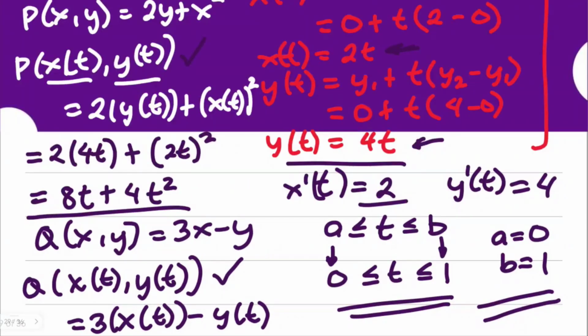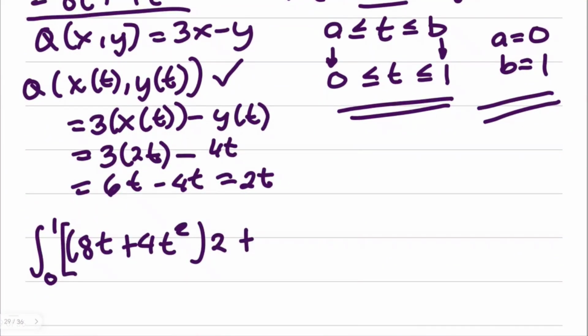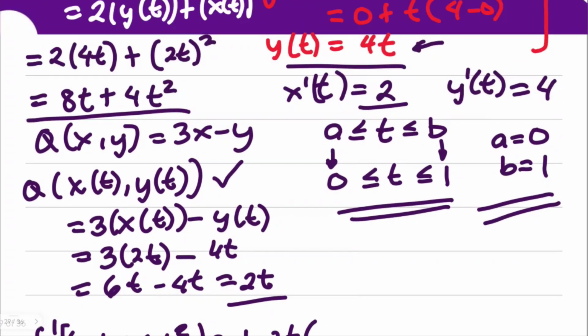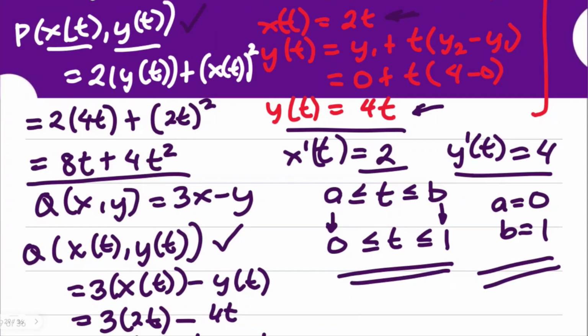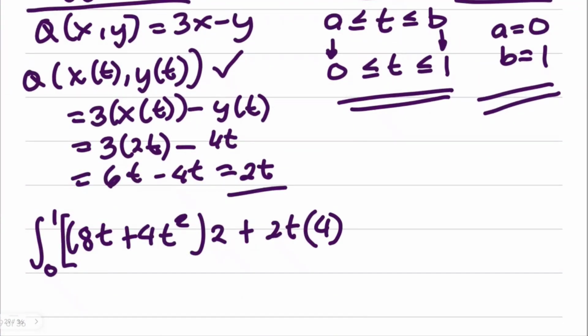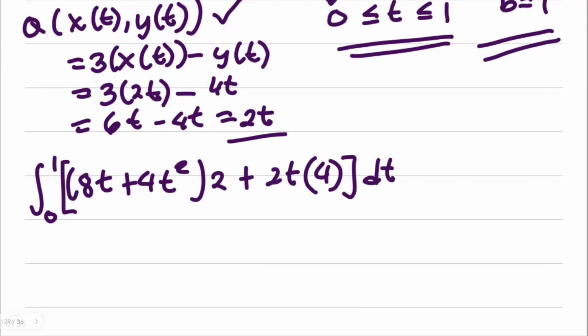The next would be for your q using the parametric form. That's actually this one here, 2t times the derivative of your y of t, this one here, which is given as 4. These are all with respect to dt as indicated in the formula. Now, as you can see, we now have expression in terms of t, no longer having x's or y's.